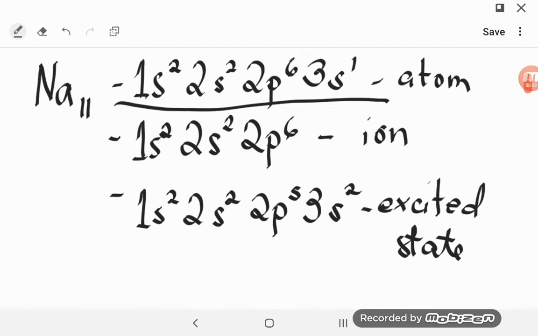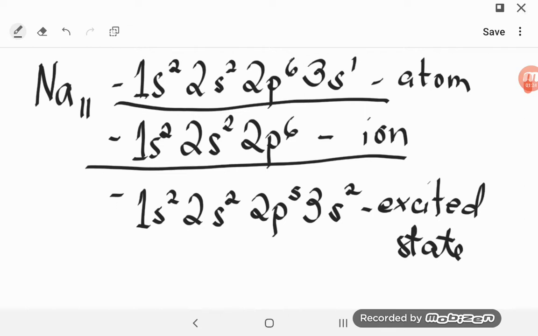So that's how you write the electronic configuration of sodium as an atom. Now this time, if you are asked to write the electronic configuration of sodium as an ion, you will write it as 1s2, 2s2, 2p6. There are only 10 electrons, meaning one of its electrons was already given off.